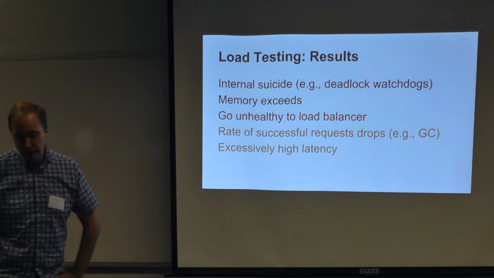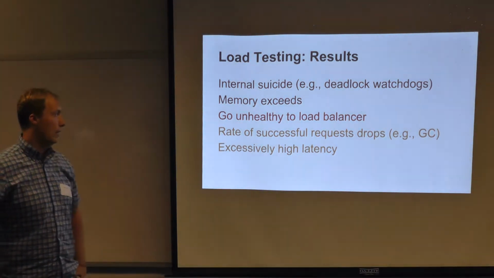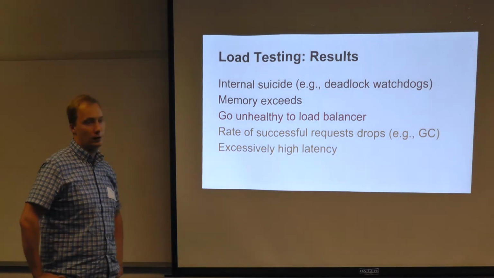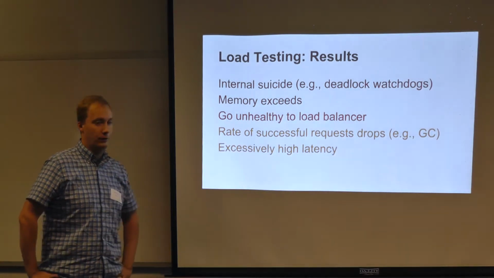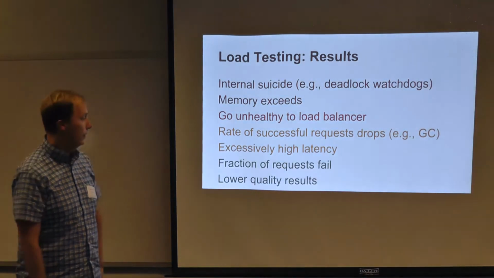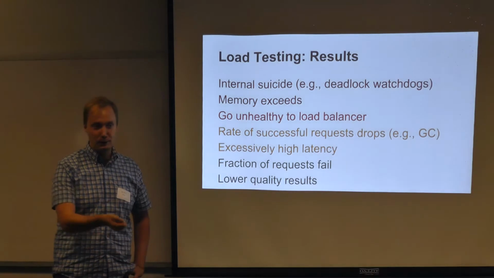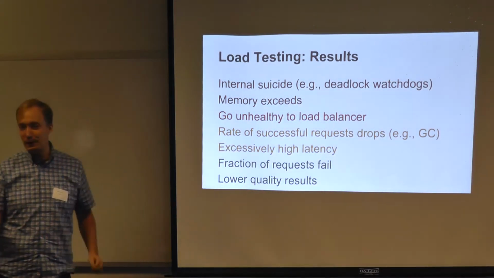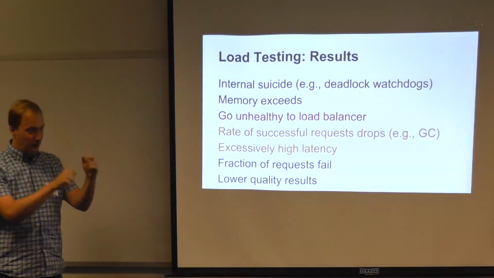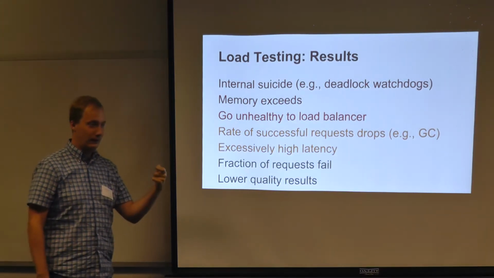You can start serving requests poorly, like have your rate of successful requests drop due to garbage collection, or you can start serving with excessively high latency. But what you really want to do to actually make the system reliable is fail requests, which sounds counterintuitive. Ultimately, when you start getting more requests than you can handle, you want to see some requests fail, right?